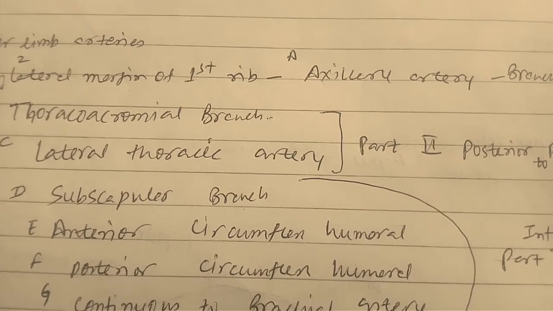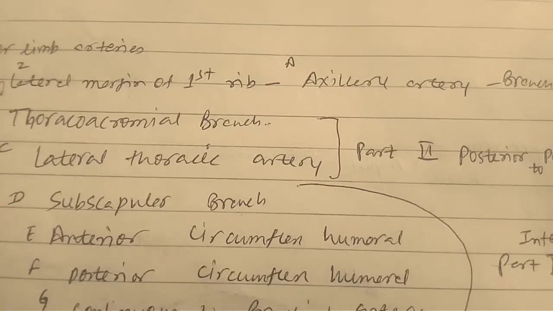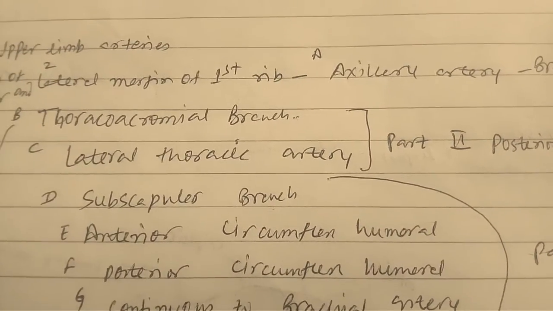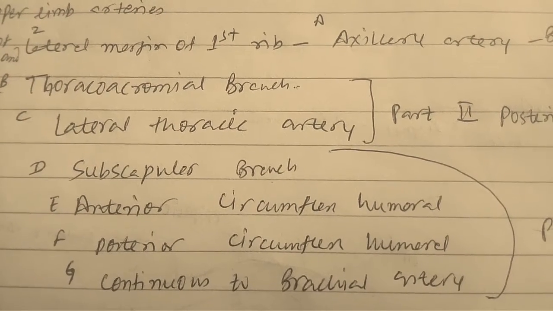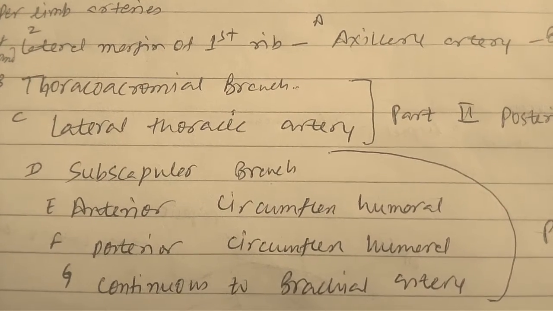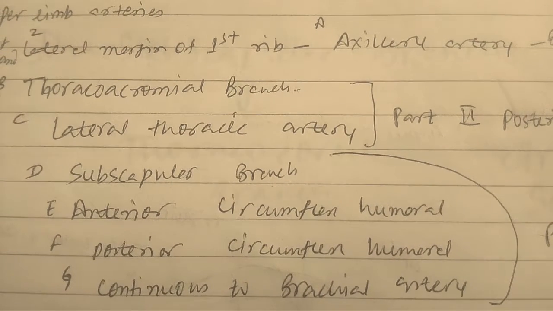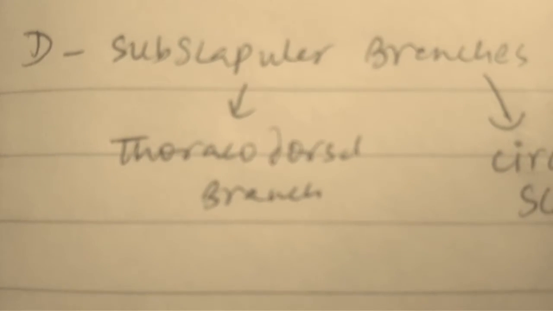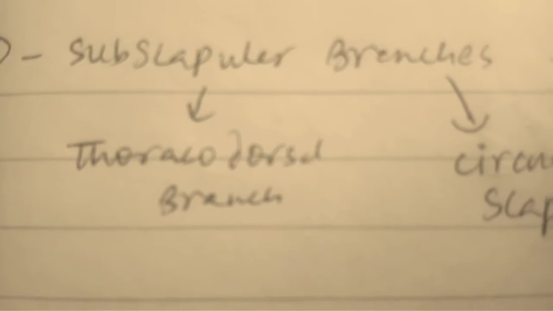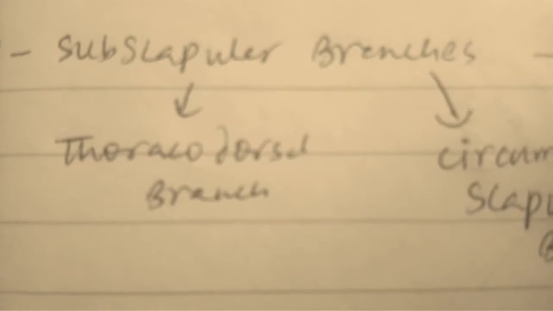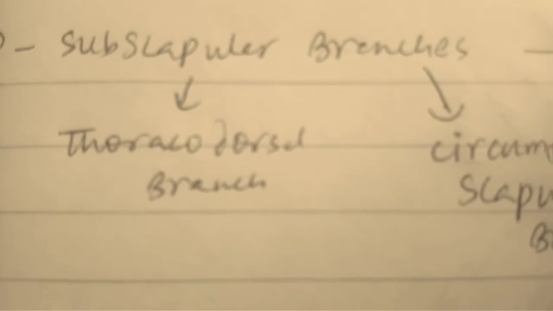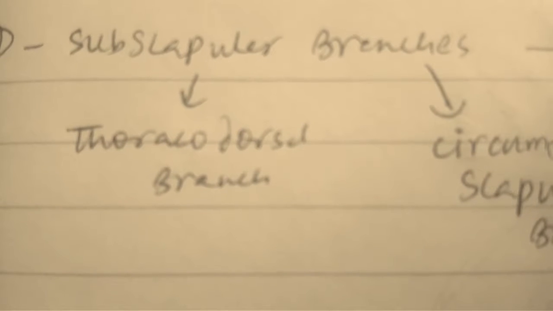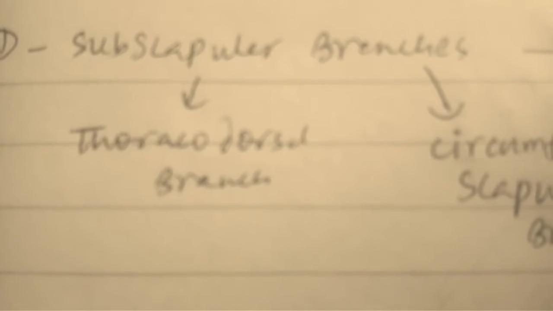In the region down to the scapula, or below the scapula, we have an arterial branch called the subscapular branch. Now the subscapular branch will be divided into 4 small branches. When we talk about the subscapular branches, or the branches in the lower region below the scapula, we definitely see that the thorax, the region where the lung and the heart and all of the mediastinum is situated, is in the front.